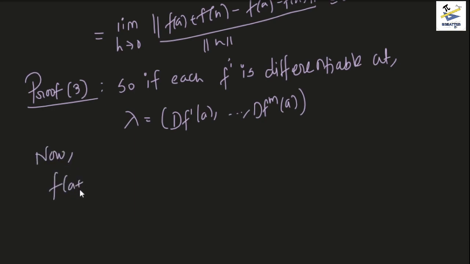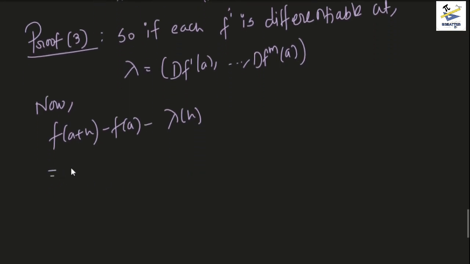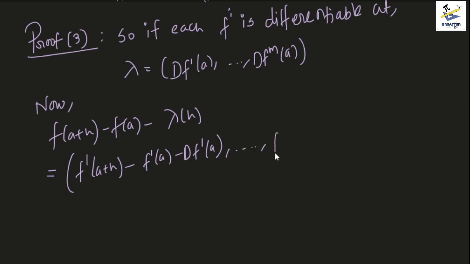We can see that f of a plus h minus f of a minus lambda h is basically equal to, now this whole thing can be found out because it's basically a vector, and f has component functions. So the first component is this minus this minus this, the second one is this, and similarly the last one should be this, right?